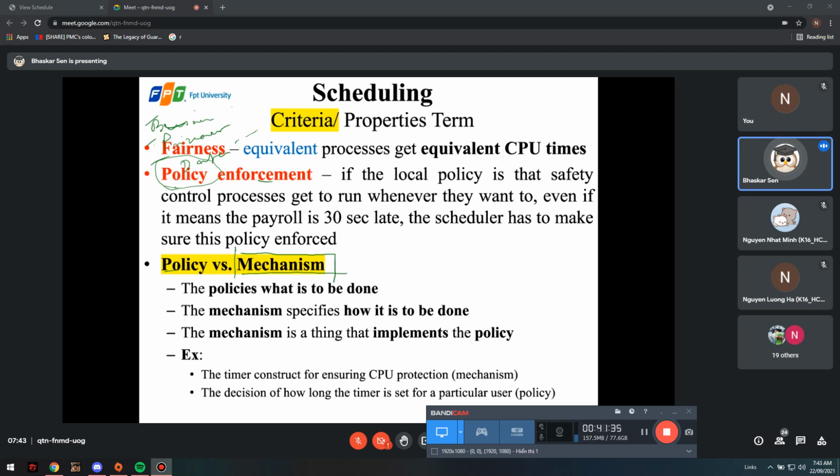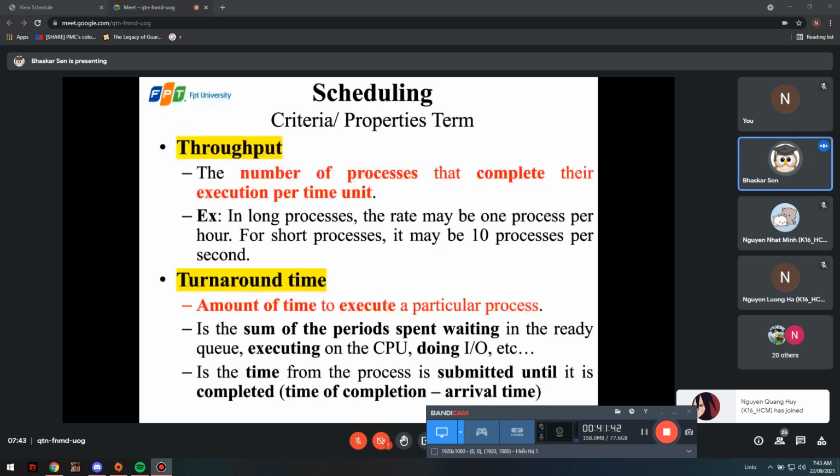We use the other criteria to judge the performance of your algorithms. Now, some new words. Throughput, for example. What is throughput? These are new words, and you will have to remember these words.